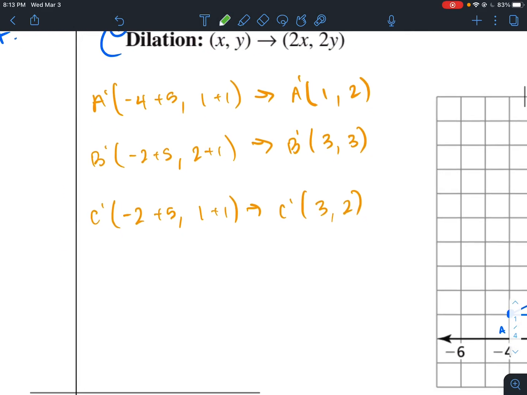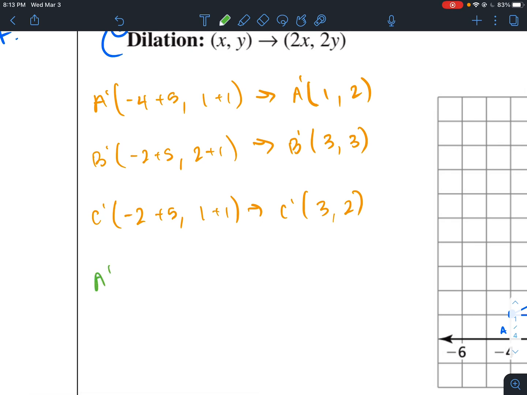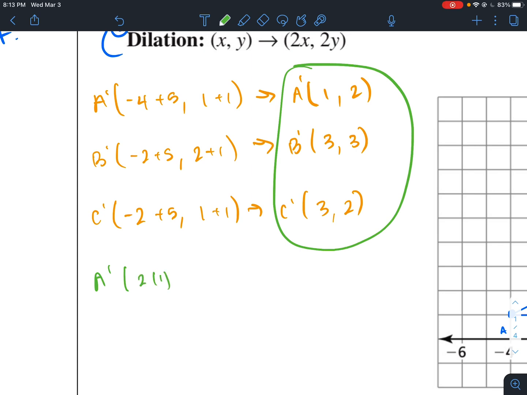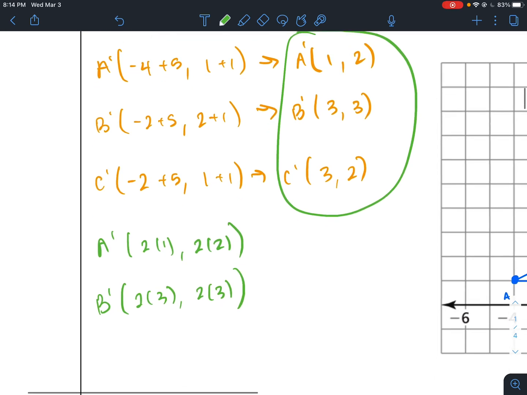Now I need to take A prime, which is over here. I need to do 2 times 1, and then 2 times 2. B prime will be 2 times 3 and 2 times 3. C prime will be 2 times 3 and 2 times 2.